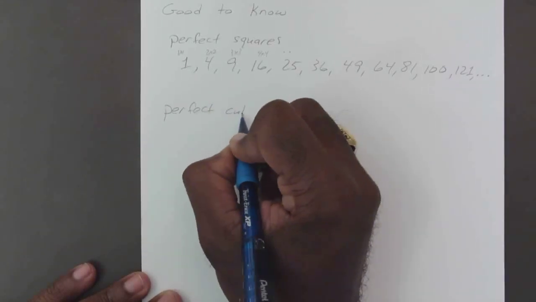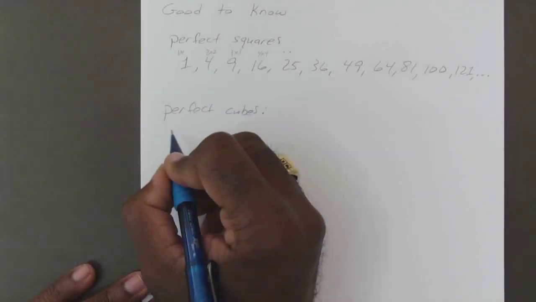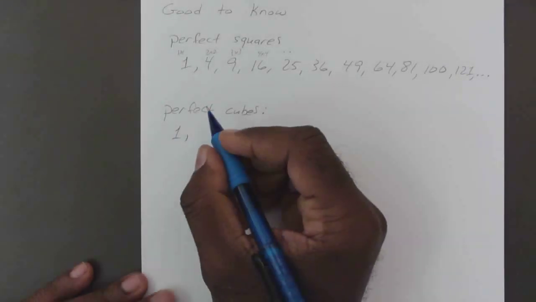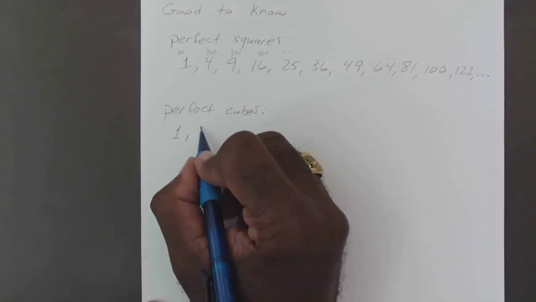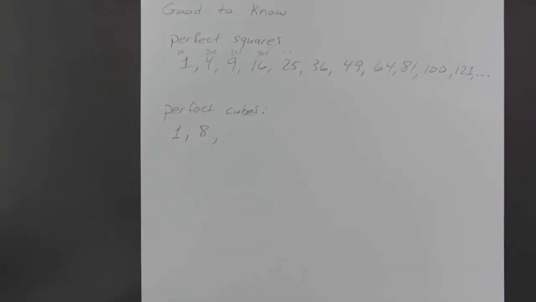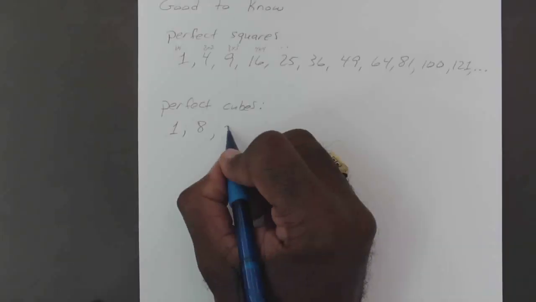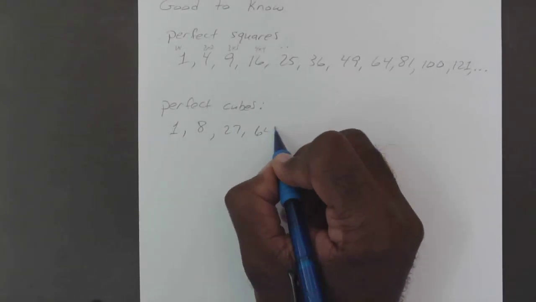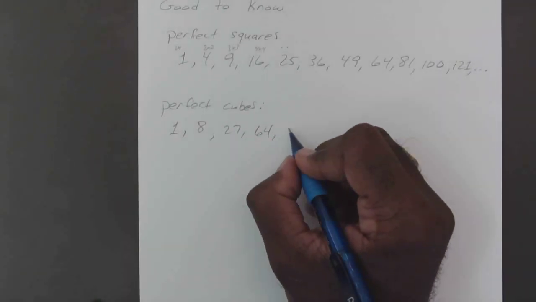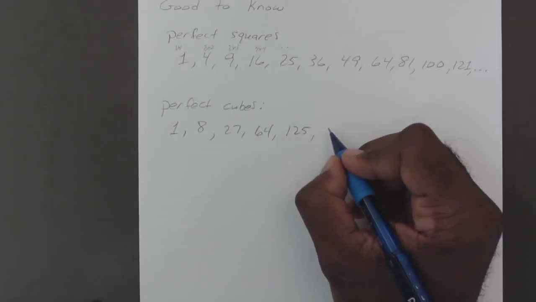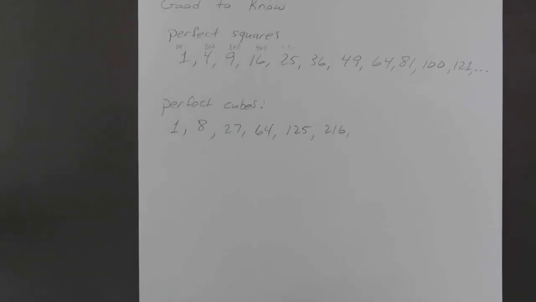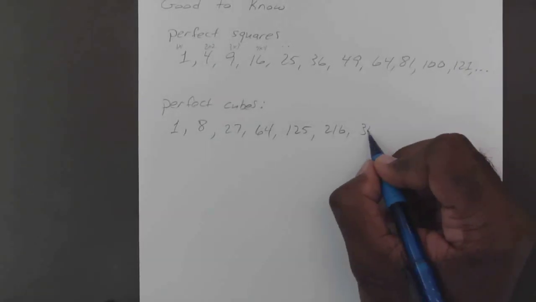Your perfect cubes, 1 times 1 times 1 is 1. 2 times 2 times 2 is 8. 3 times 3 times 3 is 27. 4 times 4 times 4 is 64. 5 times 5 times 5 is 125. 6 times 6 times 6 is 216. 7 times 7 times 7 is 343.